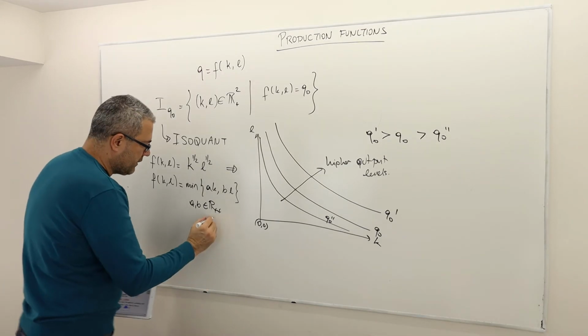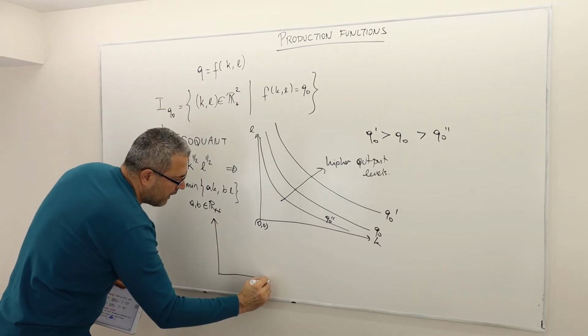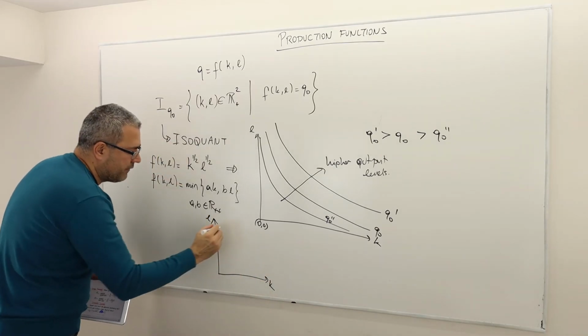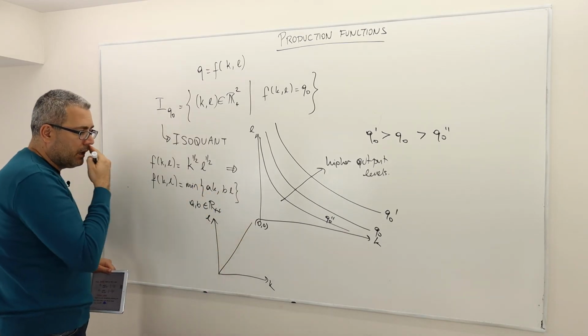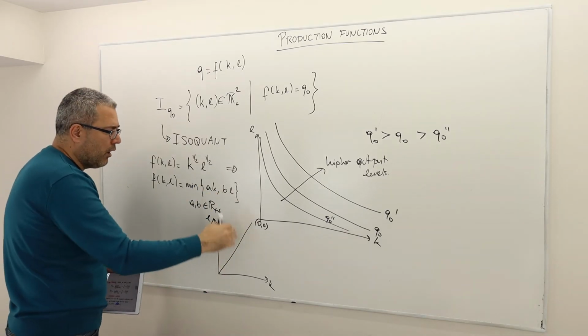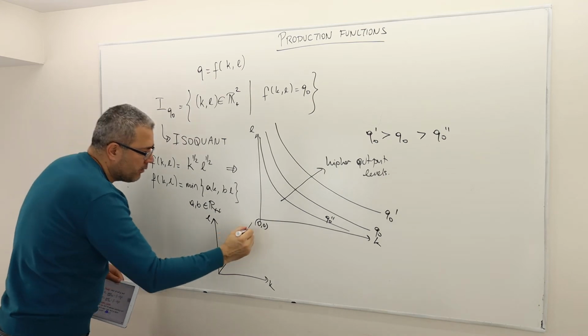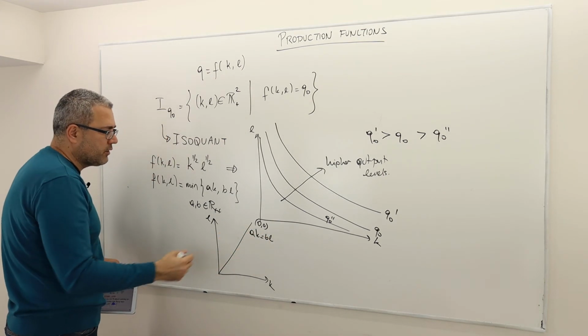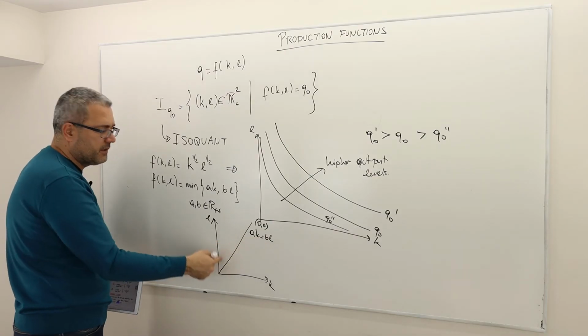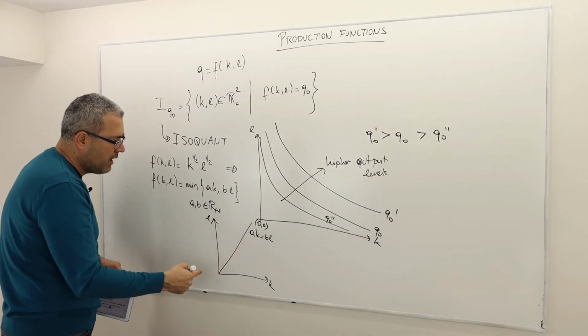So if this is, again, my K versus L graph, all those isoquants will be moving on a ray, which is the straight line A K equals B L. So when A is equal to B, for example, this is going to be the 45-degree line.